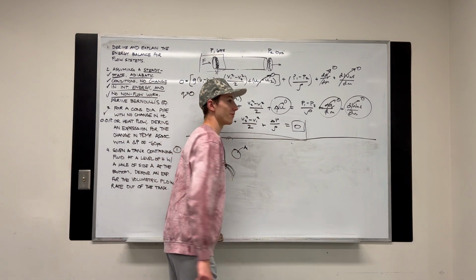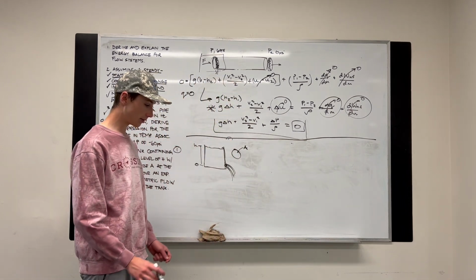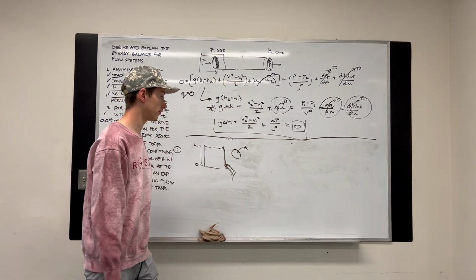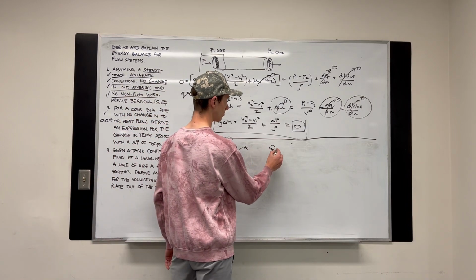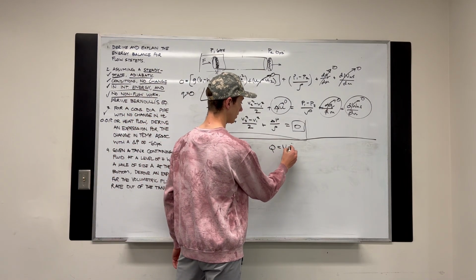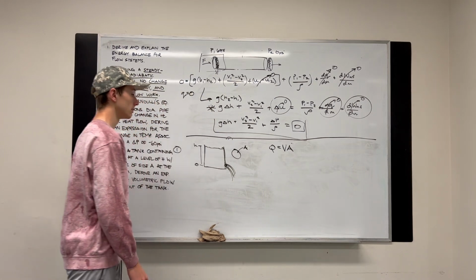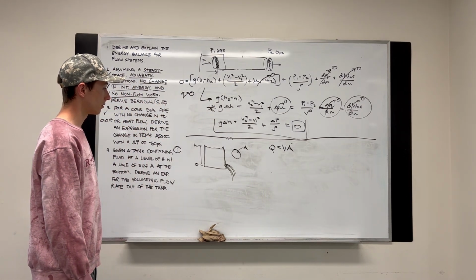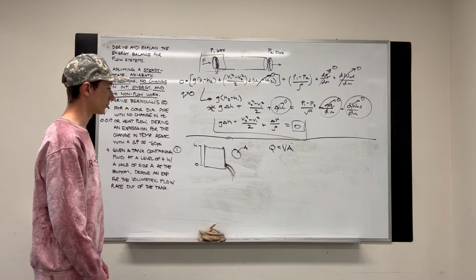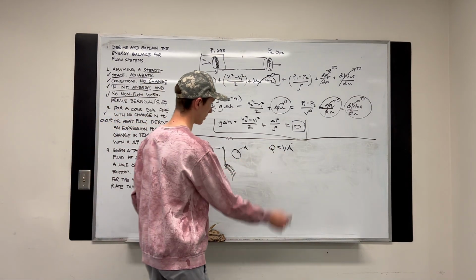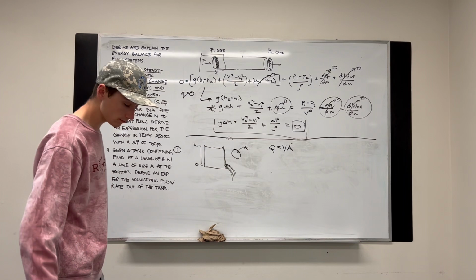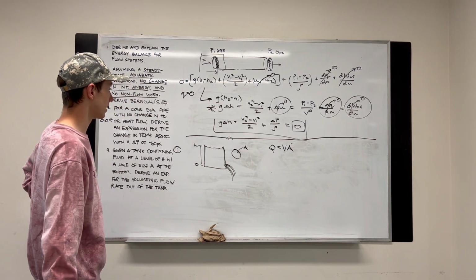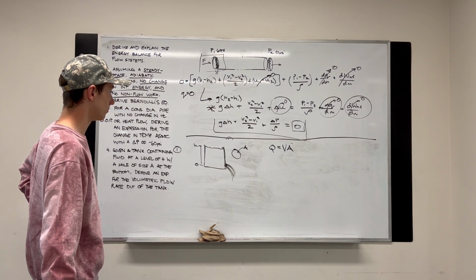Flow rate is a volume pouring out of an area, right? So we call flow rate Q traditionally, and that equals V times A. So what we need here, well, we need V, right? That's it. We have A, and we're going to keep it in terms of A. We just need V.